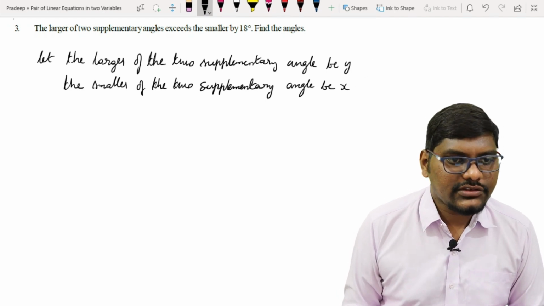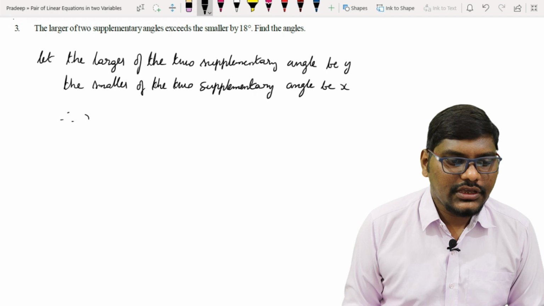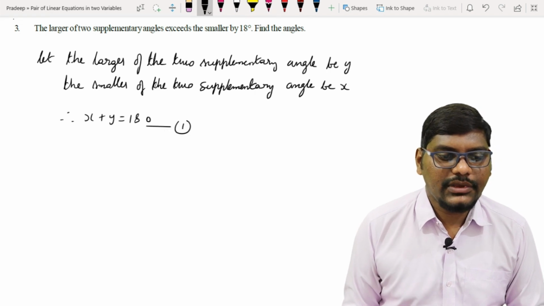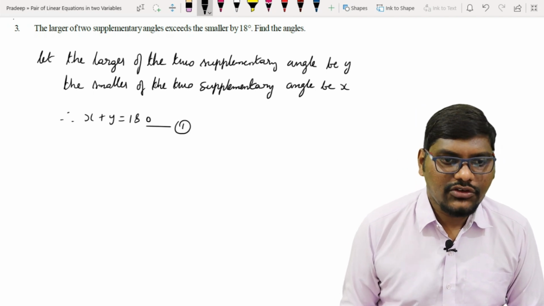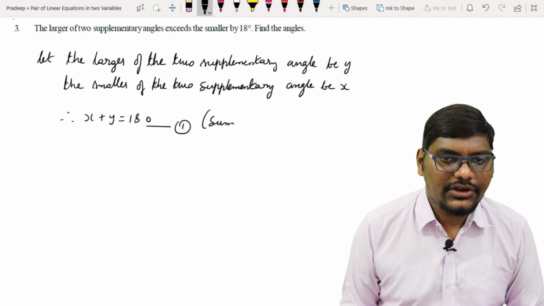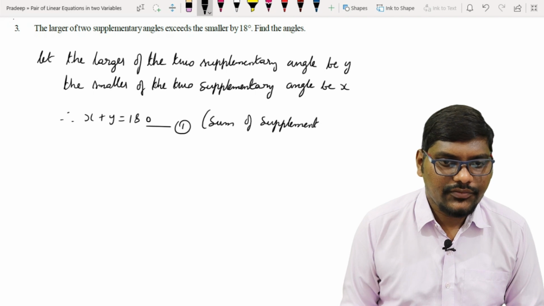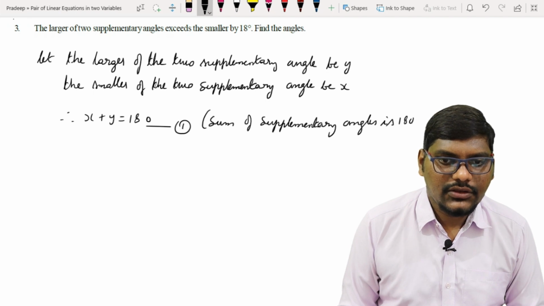So they are supplementary angles, therefore I can write x plus y equal to 180. Let this be the first equation, where the sum of supplementary angles is 180.